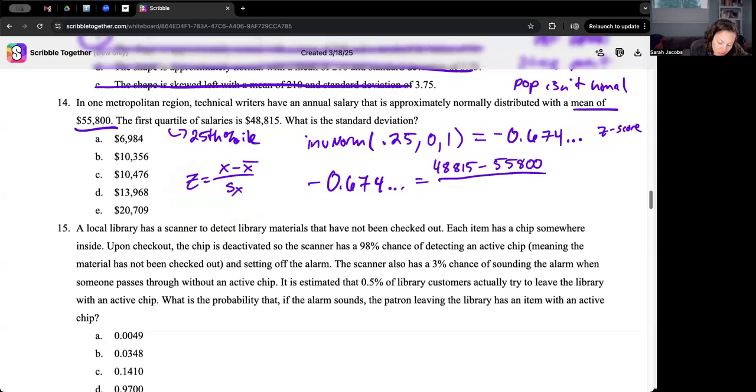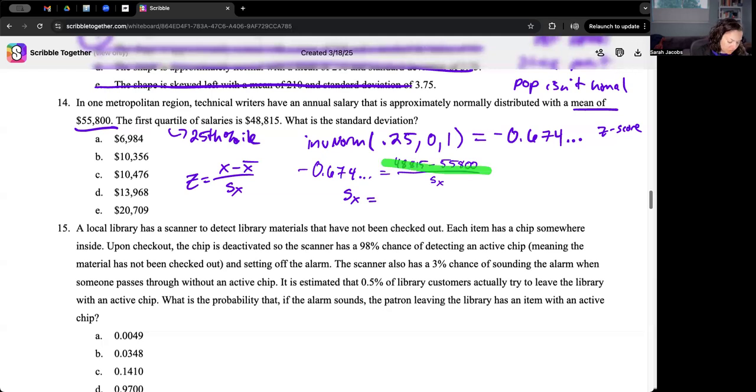And our standard deviation is unknown. Through the magic of algebra, which if you have forgotten, please do a little refresher, we're going to get that the standard deviation is the difference here. So 48,815 minus 55,800, negative 6,985, over negative 0.674 dot, dot, dot.